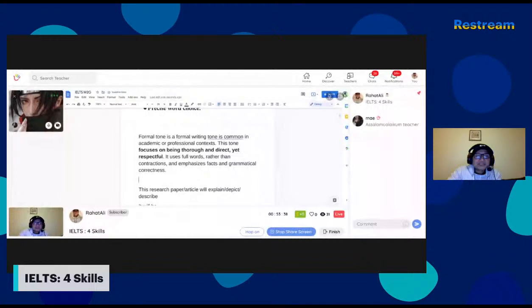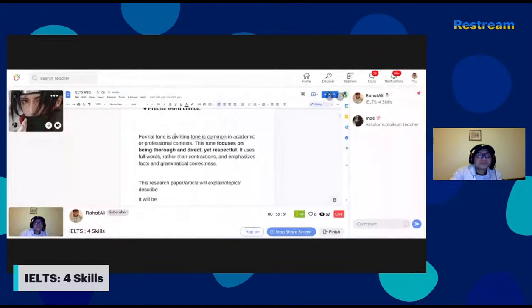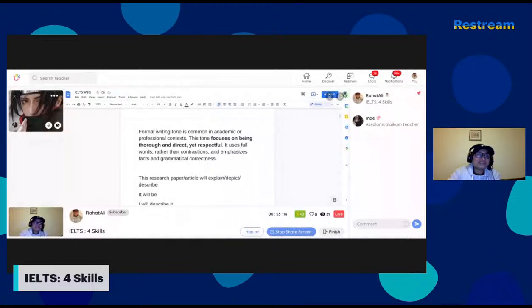Okay, formal writing tone is common in academic or professional context. It focuses on being thorough, and direct yet respectful. It uses full words rather than contractions. Look at this, it is an important part. We do not use contractions in writing, okay?